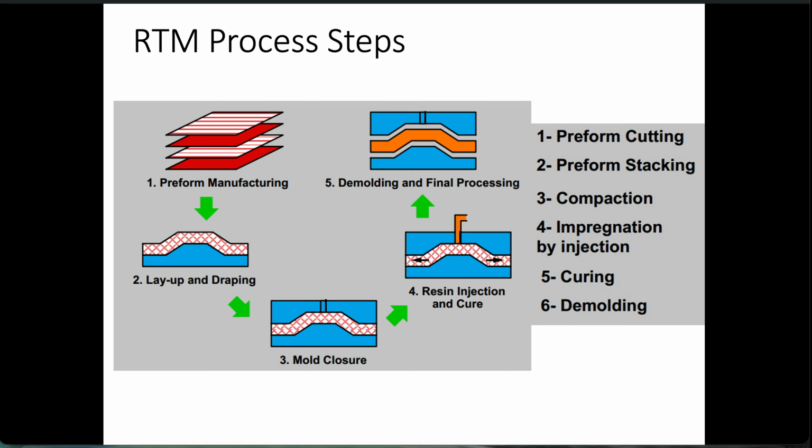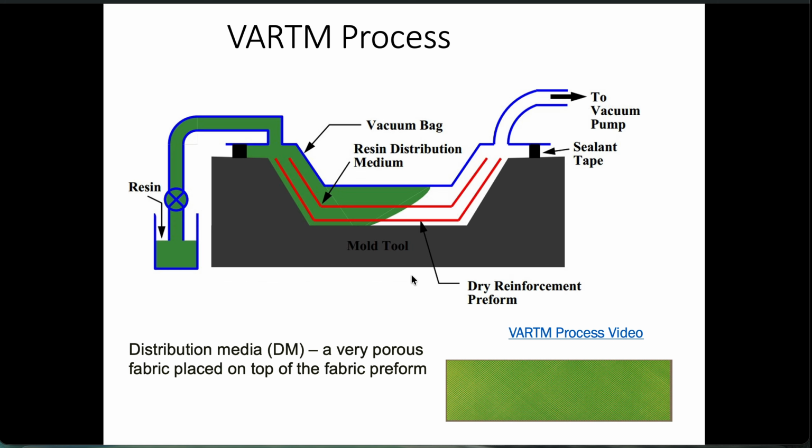Now the problem with resin transfer molding is the air pockets. The only thing that we are using here to remove the air pockets is the mold itself. So to avoid this problem, we have created the VARTM process. In the VARTM process, you create a hole in your sealant for the vacuum pump, and you create a hole for your inlet.